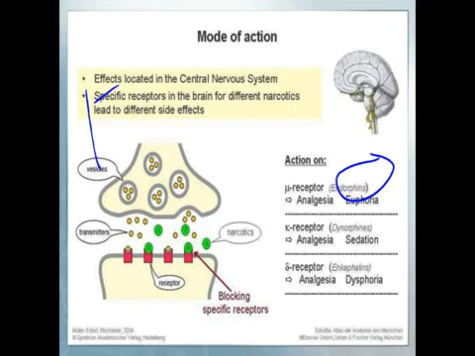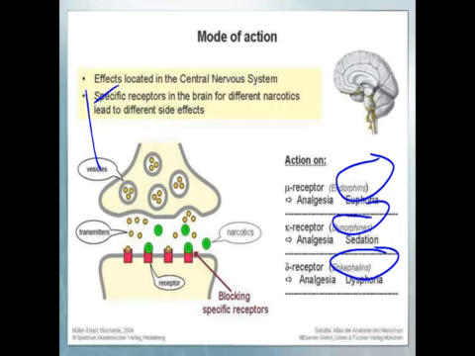They are endogenous, so they are already present in our body and perform this function. Morphine is something we are giving as a drug; it is not synthesized in our body. Dynorphin and enkephalin are similar members of the endorphin group.